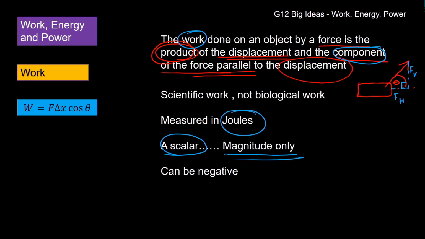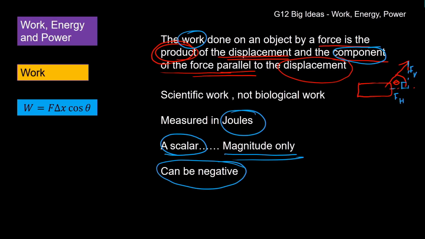Now, the interesting thing about work is that it can be a negative value. And the reason why it can be a negative value is because work can be done against the system. So if we have something like friction that is working against the movement of an object, work is done to overcome that friction. In other words, friction is removing work from the system.